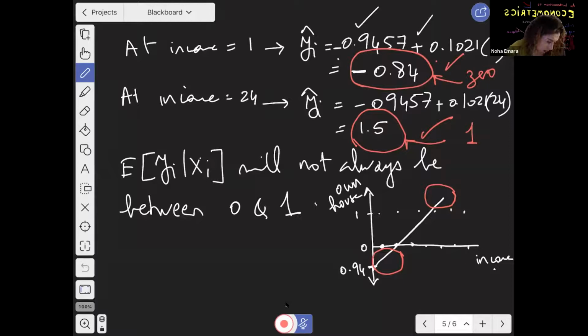The other problem about the linear probability model is, as you can see, it's a straight line, right? The name actually says linear probability model, so it's a straight line. This straight line cannot capture all the points, right? Anything that is here, I don't have any observations here.